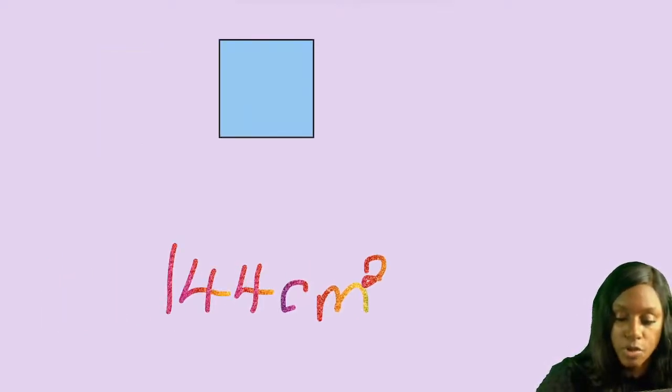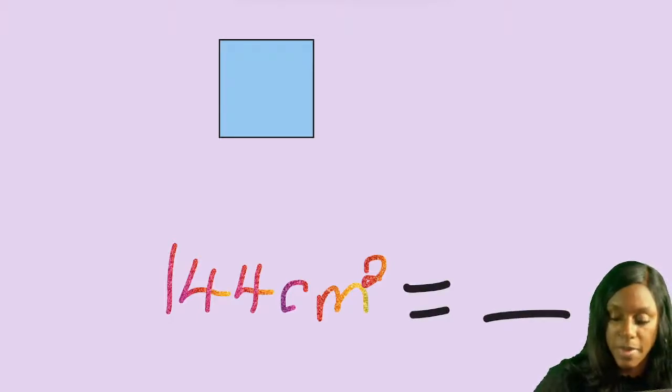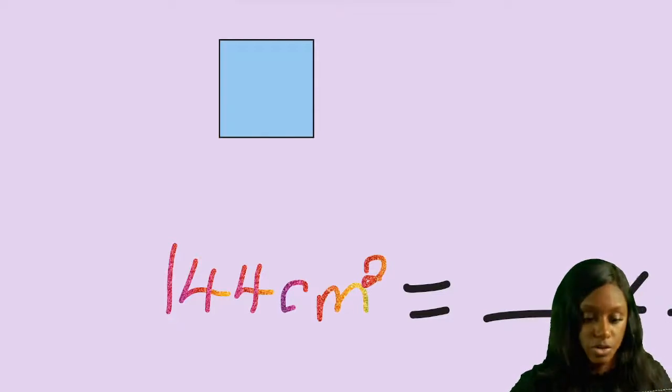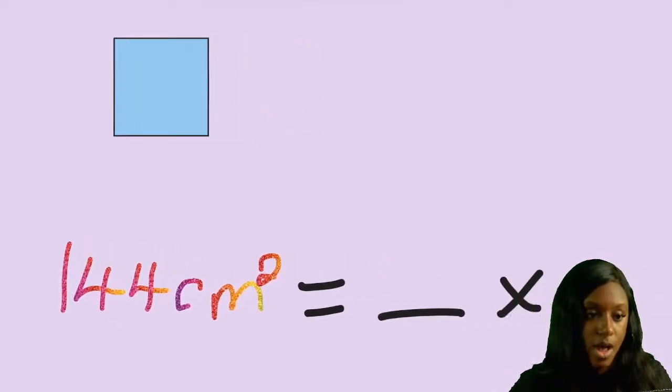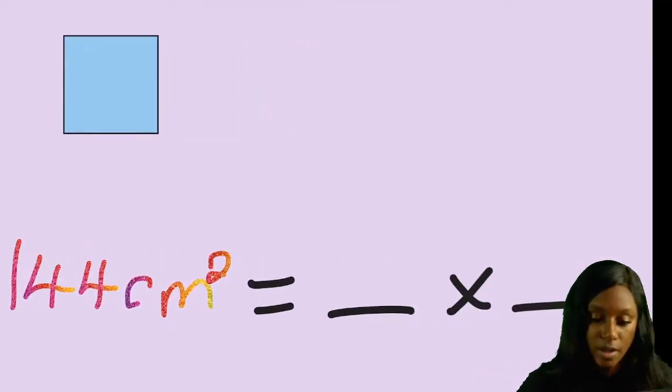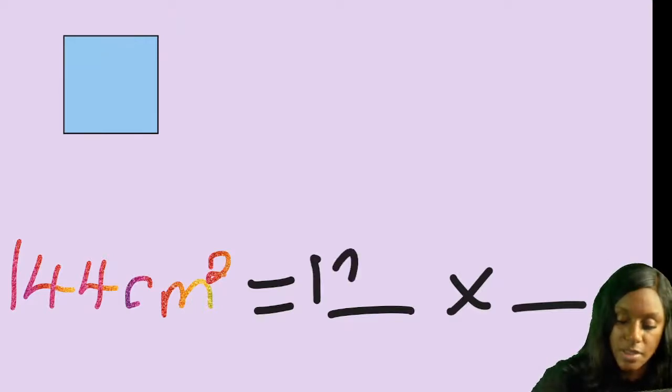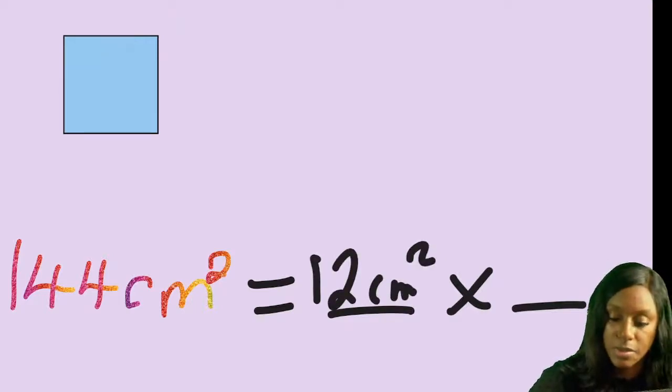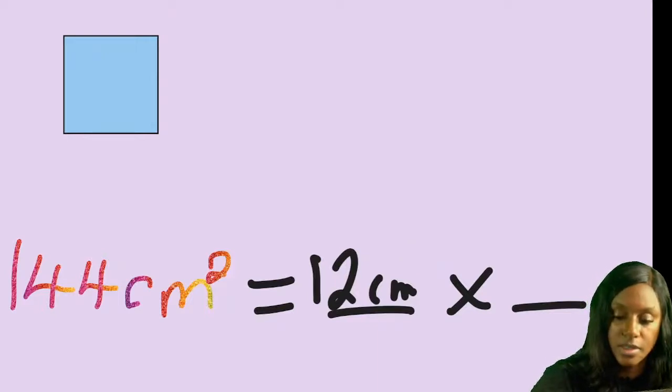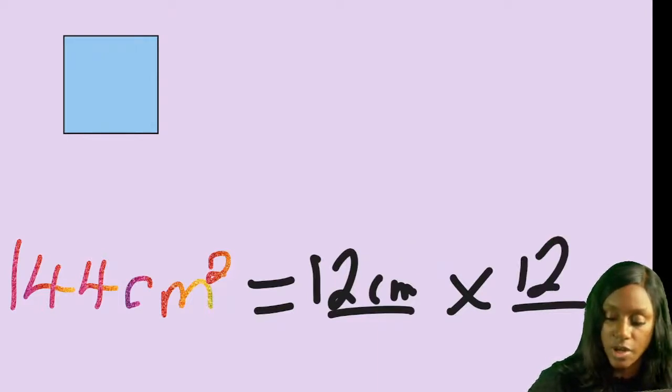So the question you needed to ask yourself was, what number do I multiply by itself to give me 144? And that number would be 12. So 12 centimeters times 12 centimeters would give us 144.